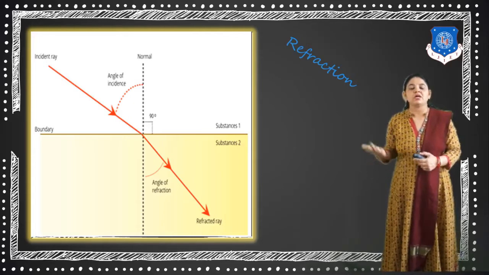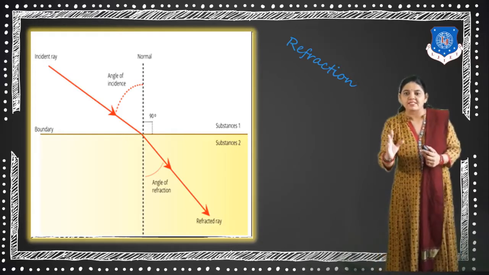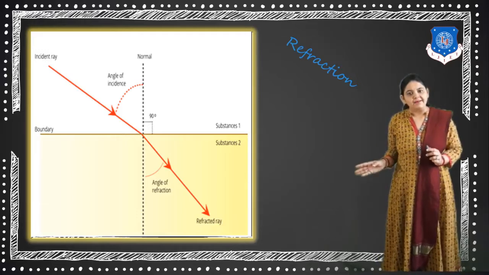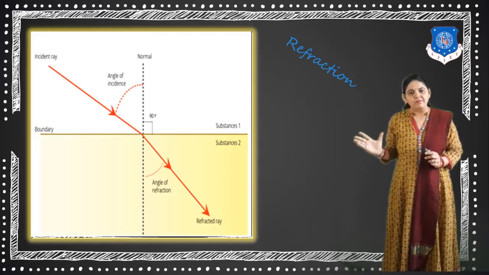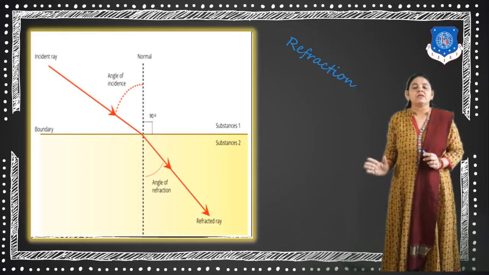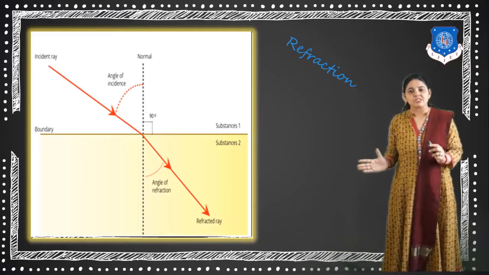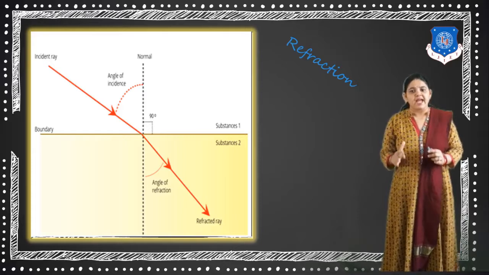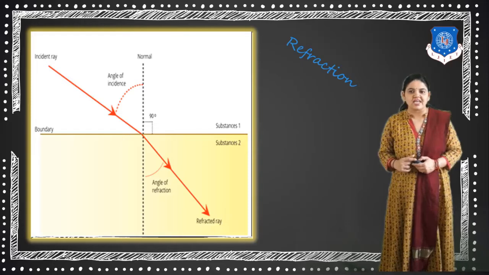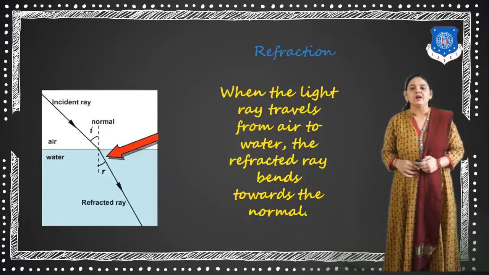The incident ray makes an angle with the normal axis, which is referred to as the angle of incidence. And when it passes from one medium to another, refraction occurs, and the angle made between the refracted ray and the normal axis is referred to as the angle of refraction. Here you can see the 90-degree angle also. So this way refraction occurs.